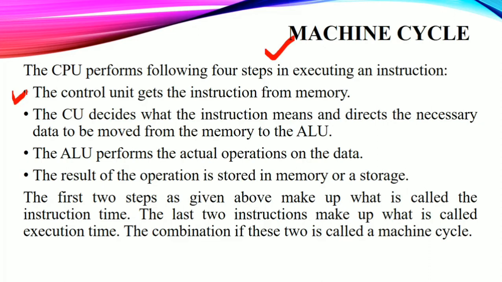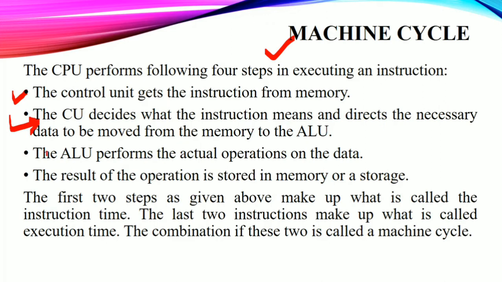It means whenever you do something, some instructions will be given to your control unit by the computer's memory. Then after getting these instructions, your control unit decides what is to be done with that particular instruction or data. It will check that input or instruction, and then decide whether it has to be given to the ALU or whether it has to push that data directly to the output devices.